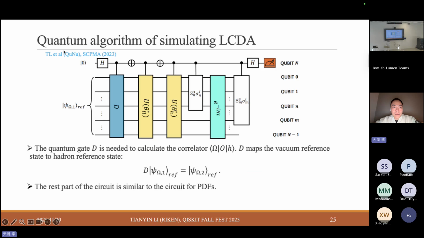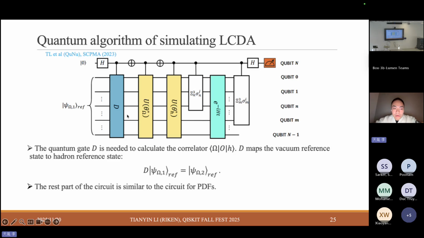Here is the quantum algorithm for simulating the LCDA. We see that compared with the PDFs, the calculation of the LCDA needs to calculate the correlator that has different bra state and ket state.